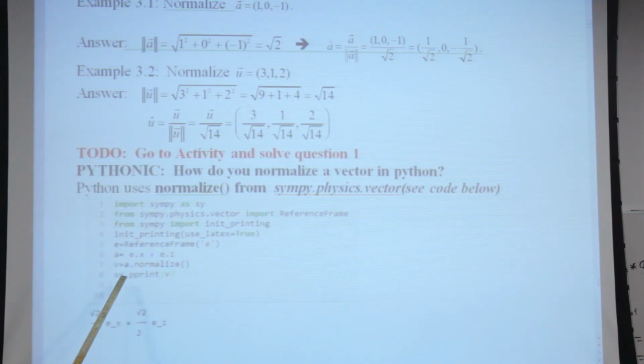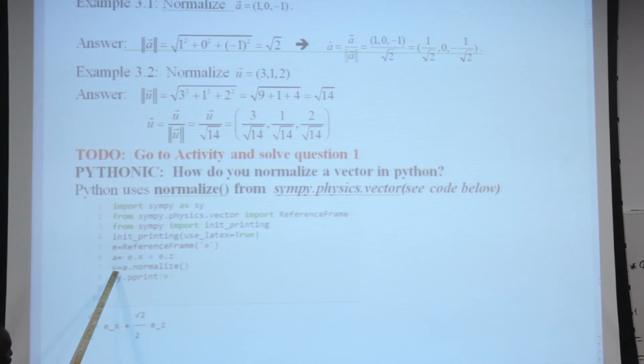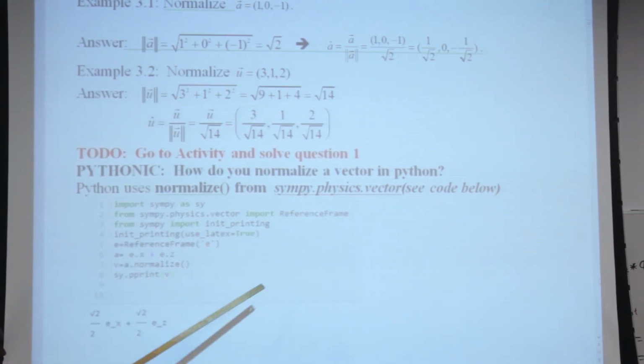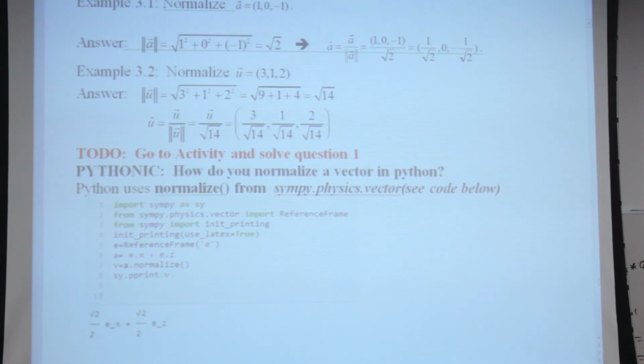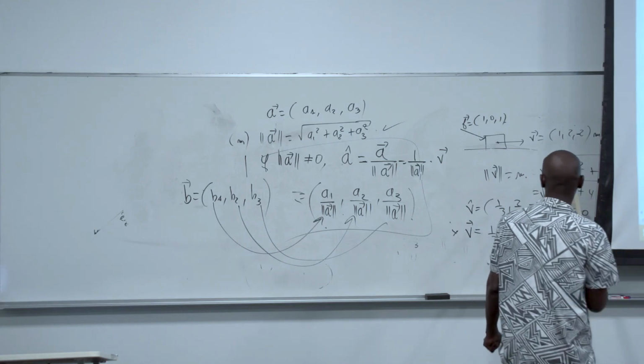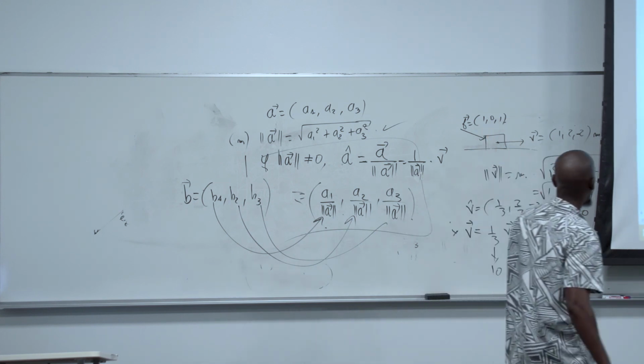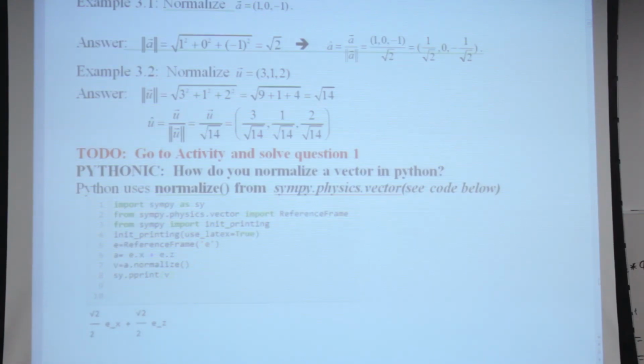To normalize it, v is going to take this vector, and it gives me a drop-down list, and I choose normalize. Once I have this, I do SymPy pretty print, and it prints this: the square root of 2 over 2, 0, and the square root of 2 over 2.